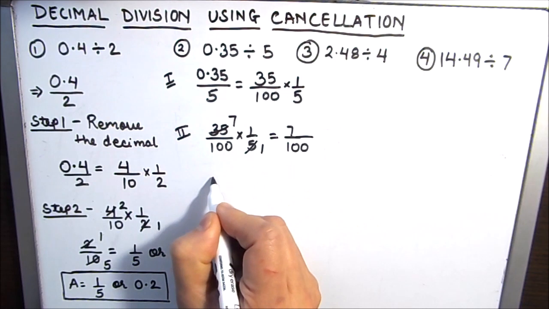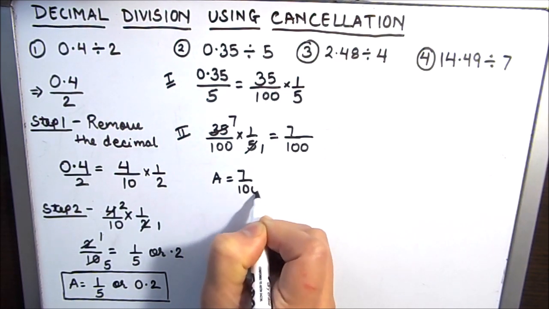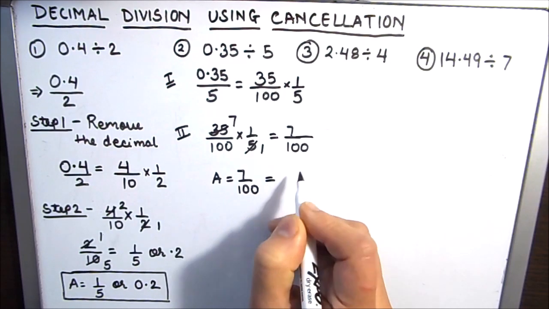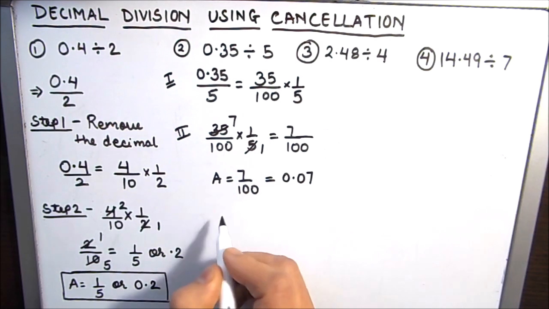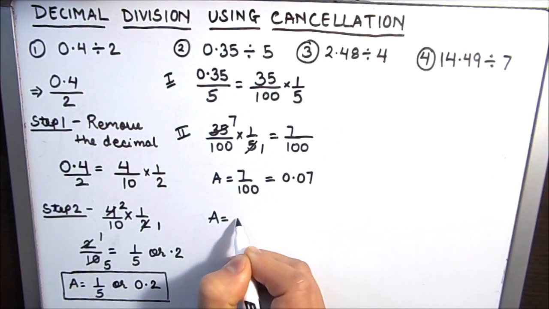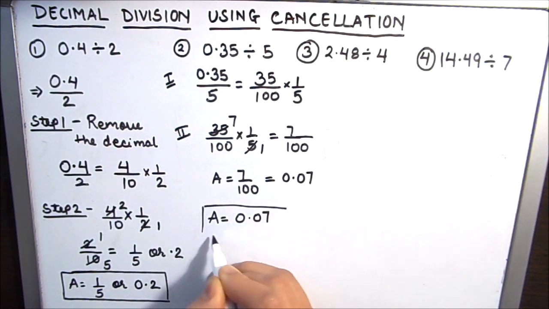So this is our answer in fractions, and 7 over 100 is also equal to 0.07 in decimals. So our answer is 0.07. This is our final answer in decimals.